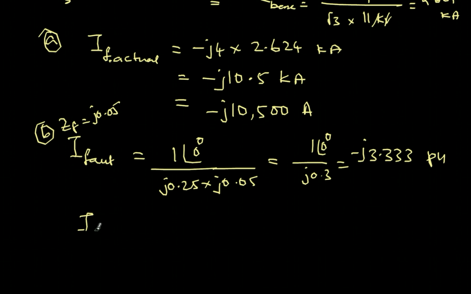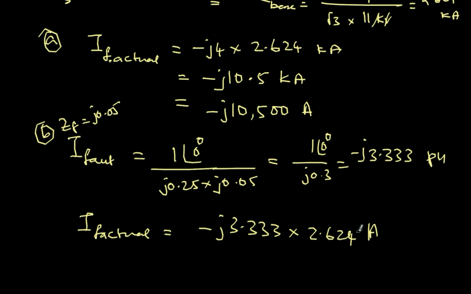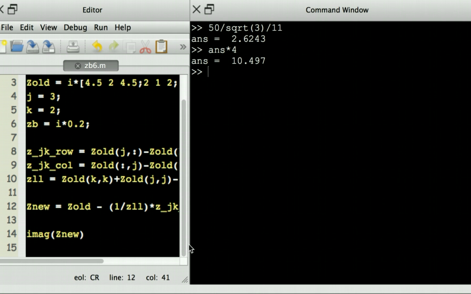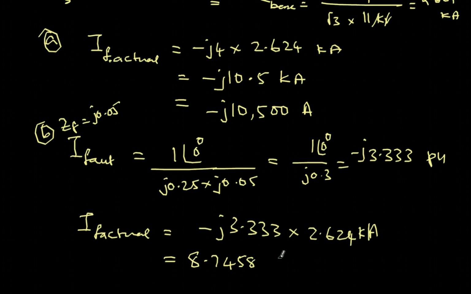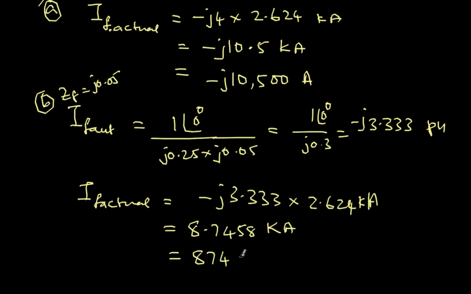And similarly, the actual fault current will be minus j3.333 into 2.624 kiloamperes, which is equal to 2.624 into 3.333, 8.7458 kiloamperes, or I could write 8,746 amperes.